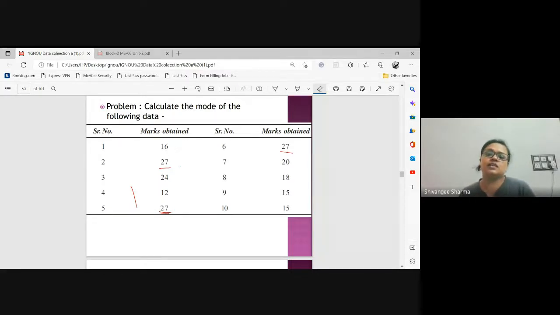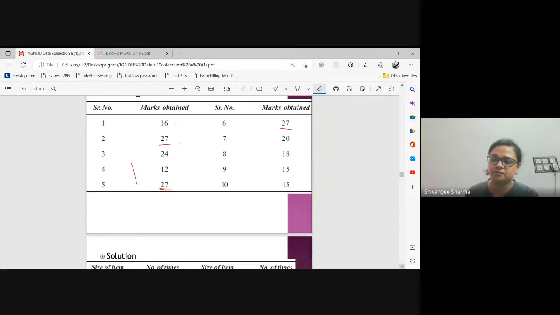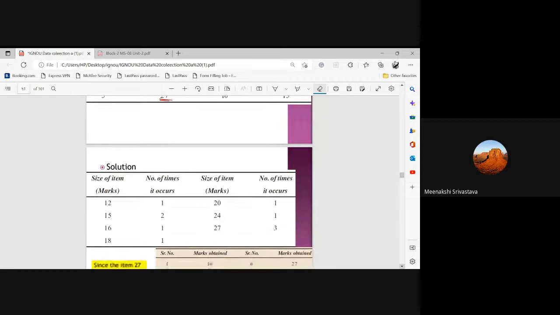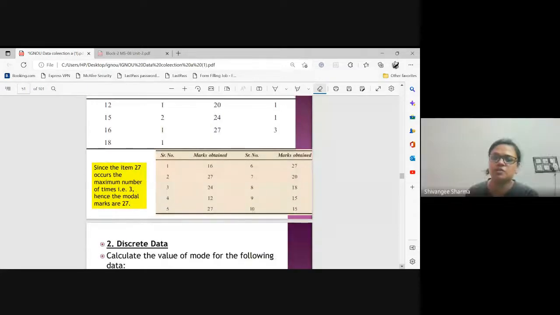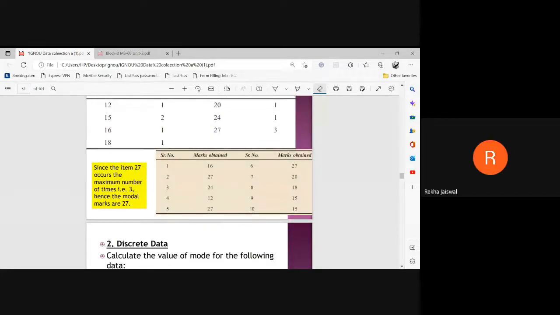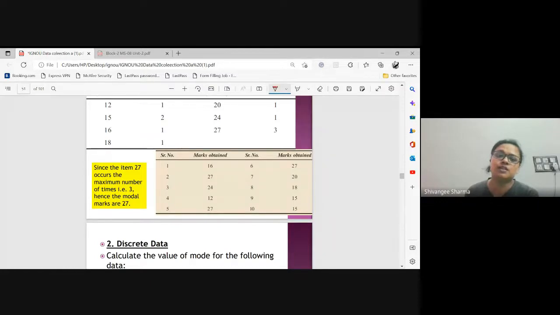In this data set, 27 is repeated thrice. 3 students got 27 as their marks. So the mode for this data set will be 27. Is this clear to everyone? Yes, ma'am. Too easy. From observation only you can tell.